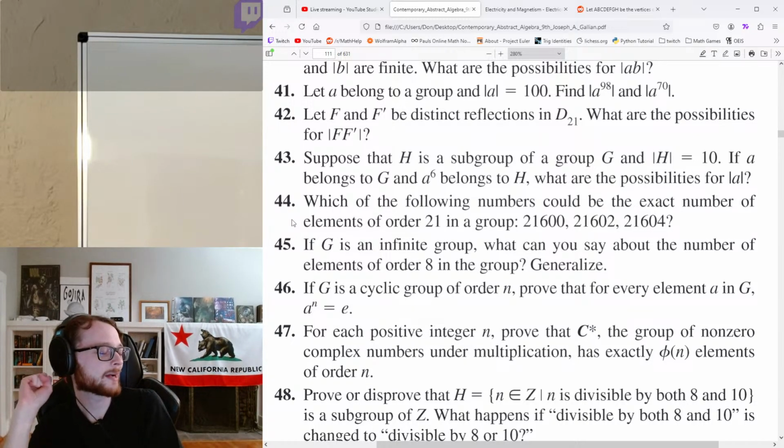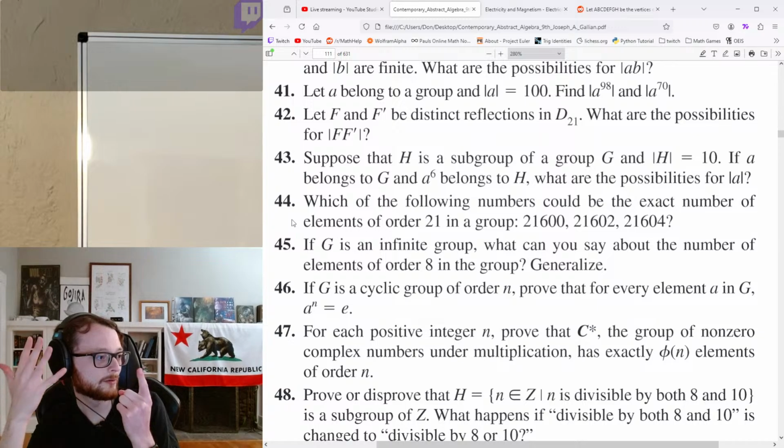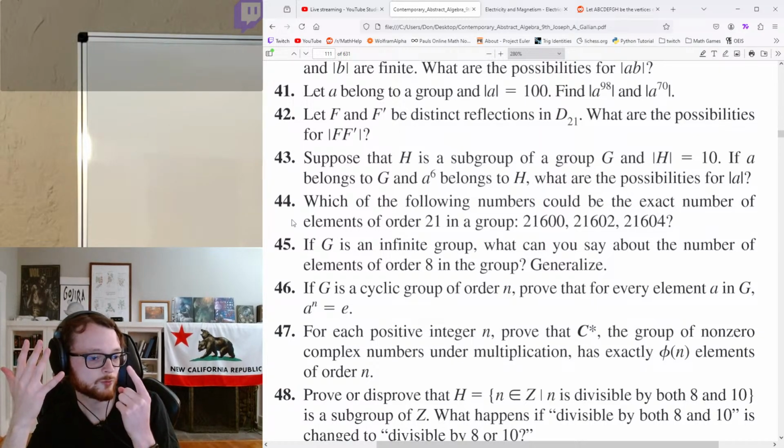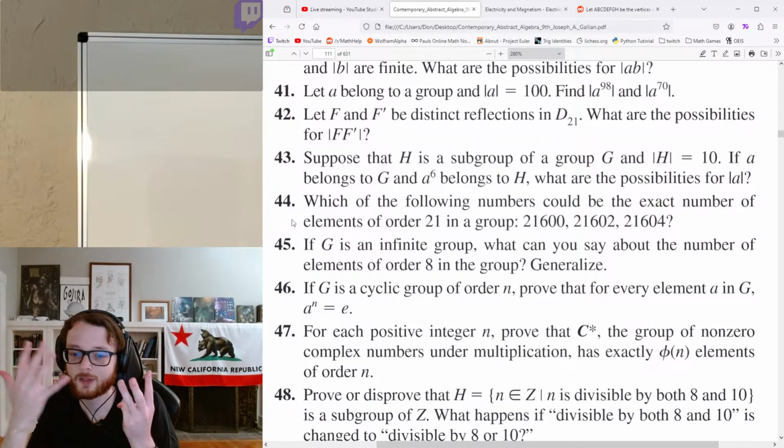We would subtract out 3, 6, 9, 12, 15, 18. And then we'd subtract out 7 and 14. So we get 12.